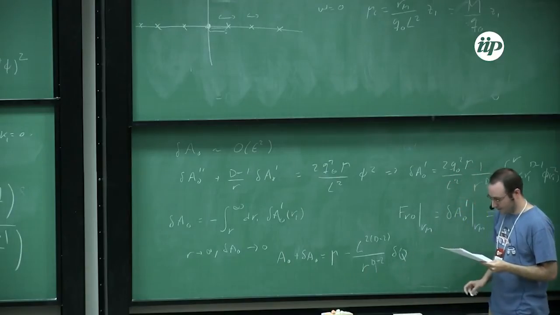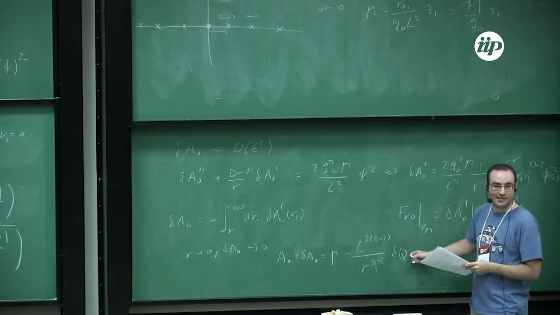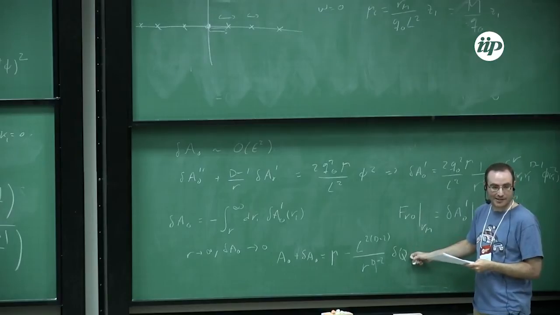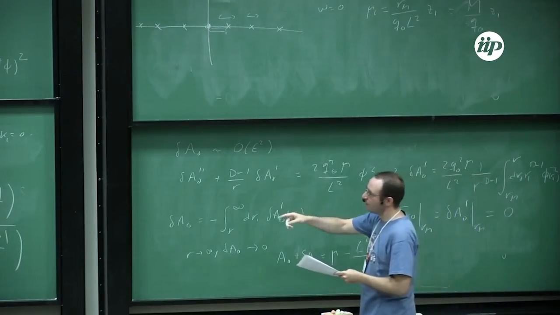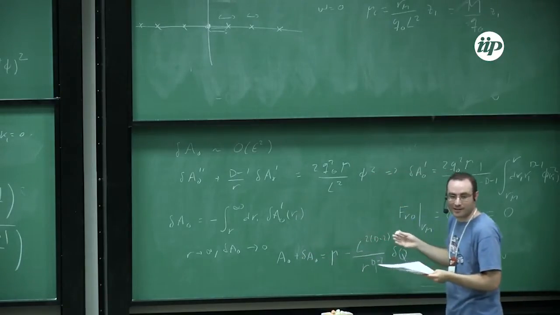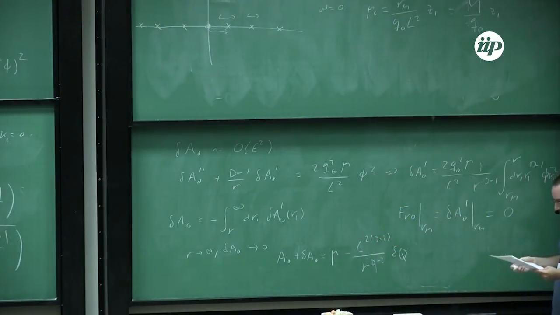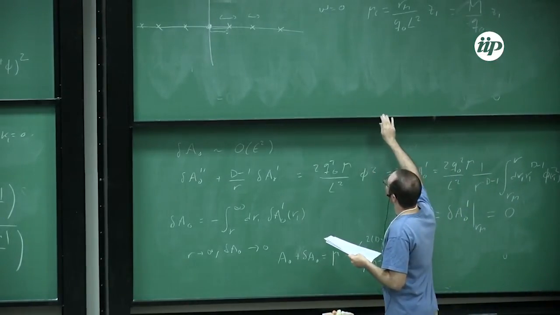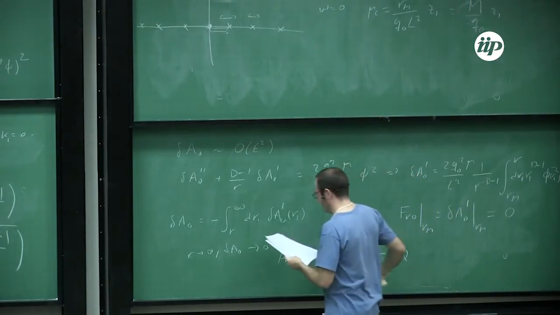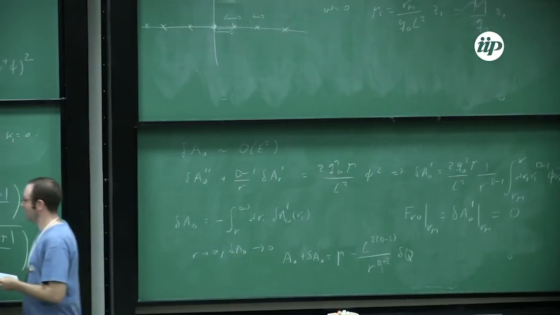And then there is this coefficient, which essentially is the change in the charge density. No? Because when the scalar field is non-zero, it's like having a condensate in the dual field theory, and this means the charge density has to be non-zero. So you can compute this delta Q from these expressions.